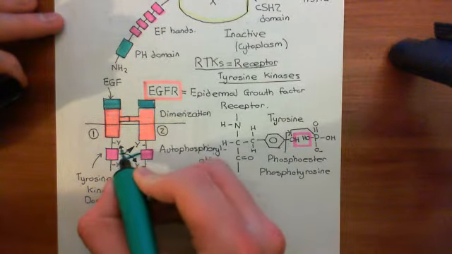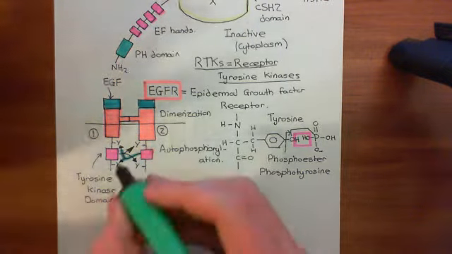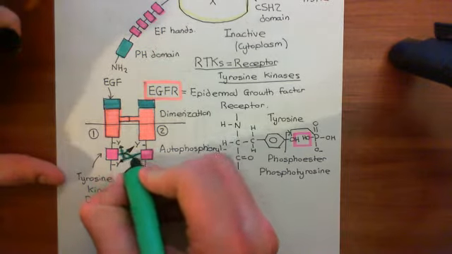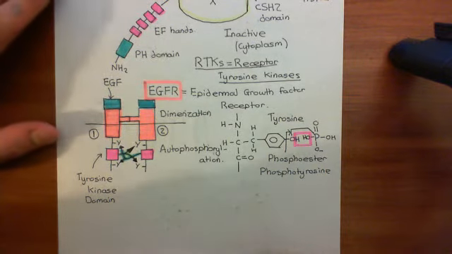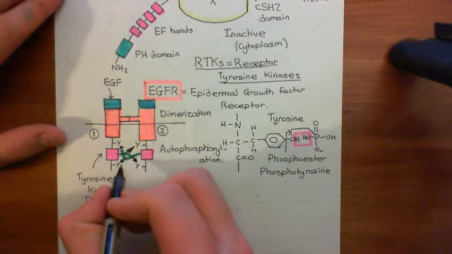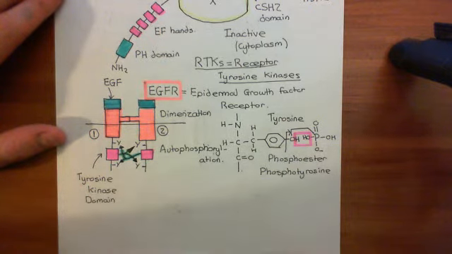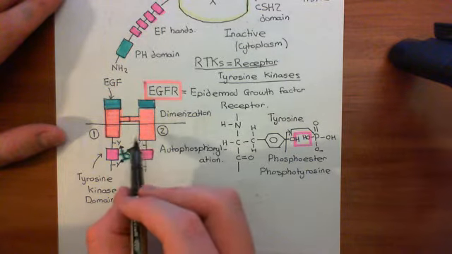So here in turquoise is the phosphorylation performed by the tyrosine kinase of receptor number 2, and here in green is the phosphorylation performed by the tyrosine kinase domain of receptor number 1. So the result of this is that these tyrosine residues become phosphorylated. They become phosphotyrosine residues.